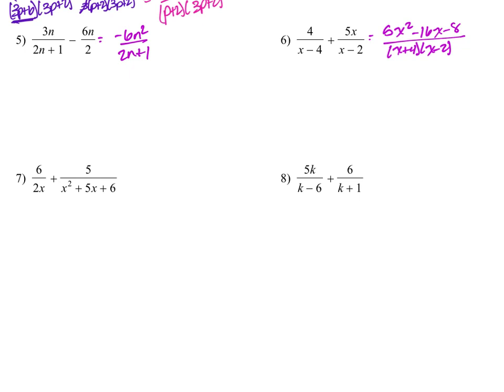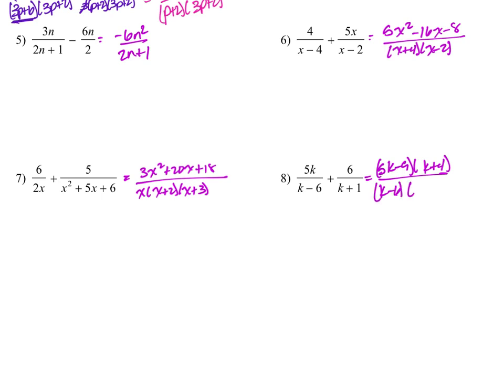Number 7 should be 3x squared plus 20x plus 18 divided by x times x plus 2 times x plus 3. I told you it was on the Canvas page. And number 8 is 5k minus 9 times k plus 4, all divided by k minus 6 times k plus 1.